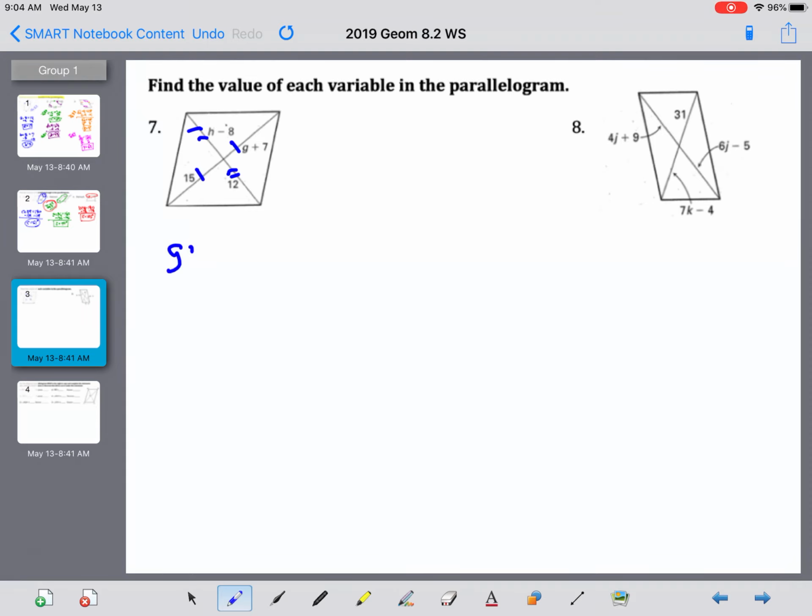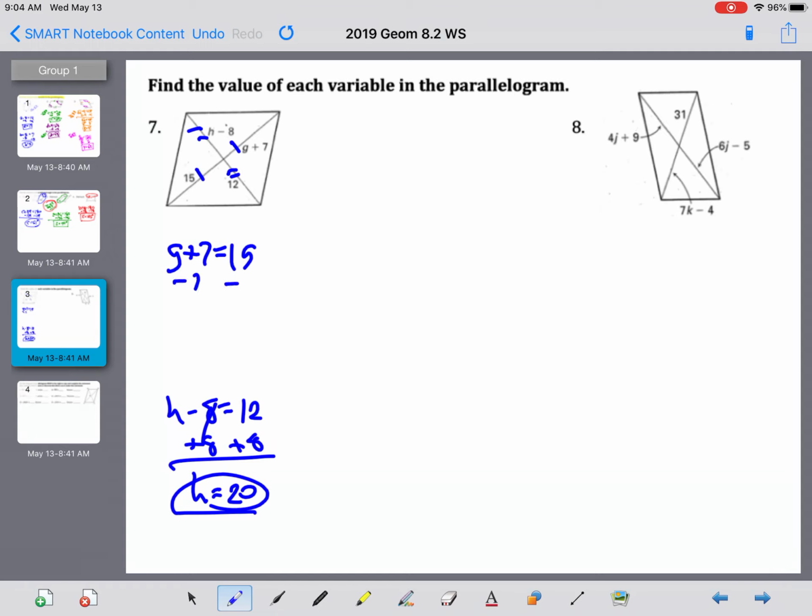So we have G plus 7 equals 15, and we have H minus 8 equals 12. If I add the 8 here in this bottom one, I get H has to be 20. If I subtract the 7 over here, I get G equals 8.